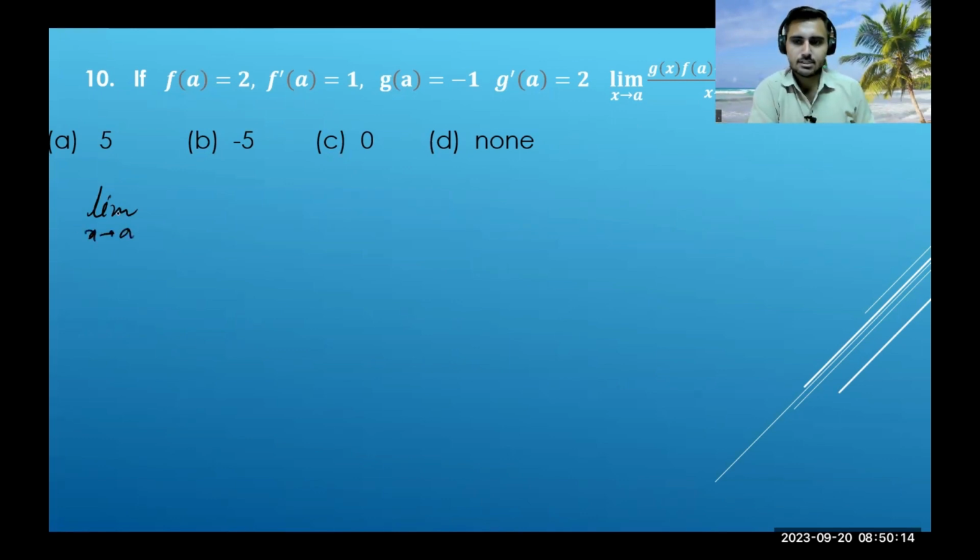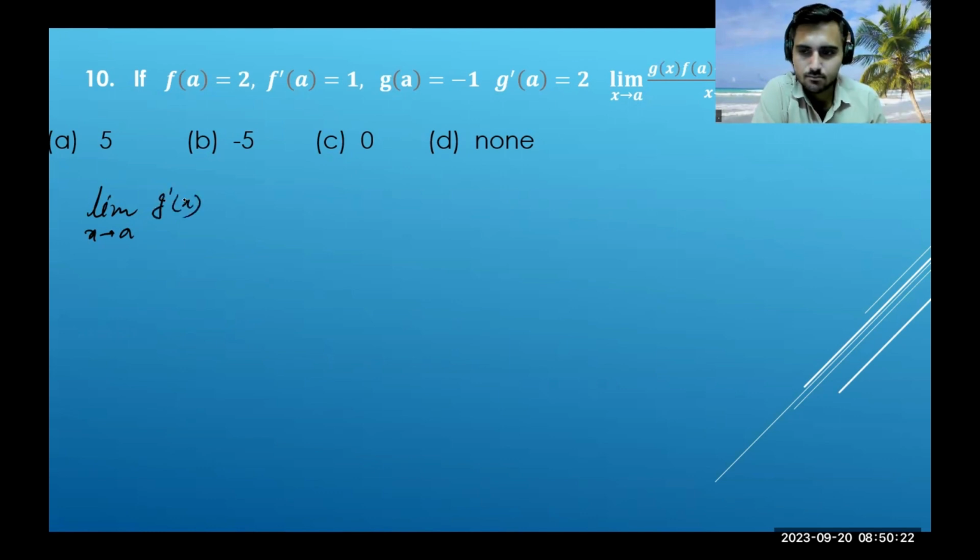Limit x tends to a, and g of x is a function, so the differentiation will become g prime x, right? And f of a is just a constant, so it will be as it is. And again, g of a is also constant, so it will be written as it is.